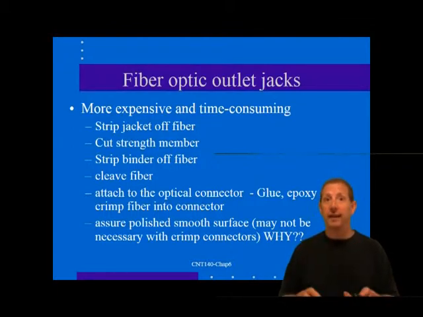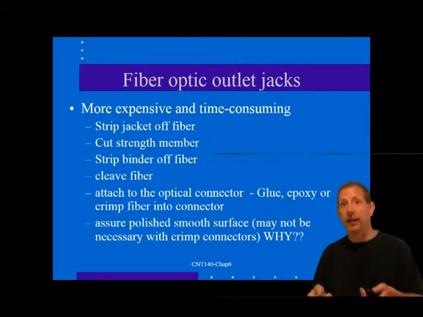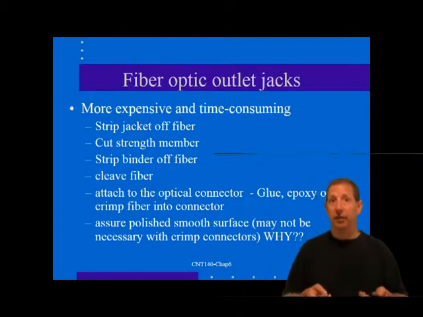It must then be precisely cleaved before being inserted into the mechanical coupling, that is loosely called the optical connector. Some fiber connectors require the use of an epoxy or a glue to secure the fiber, and may use a crimp or clamp in an arrangement, in addition or in lieu of the glue.